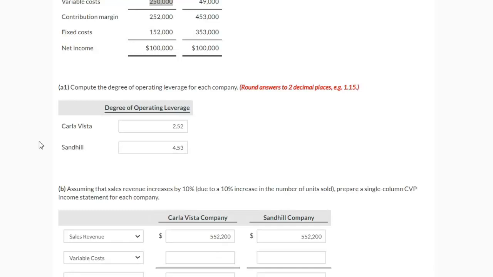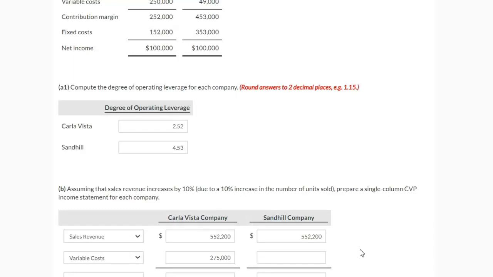The variable cost ratio remains the same. Does everybody follow? The selling price didn't change, therefore the variable cost as a percentage of selling price remains the same. So if sales goes up 10%, variable cost also will go up 10%. So take 250 times 110 and you get it. Now for Vargo, they too will go up 10%, the variable cost.